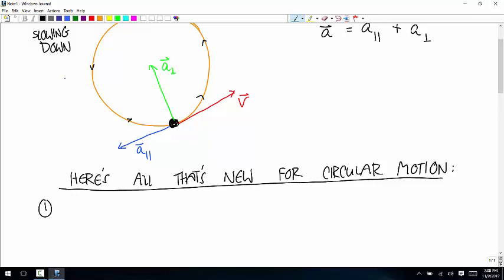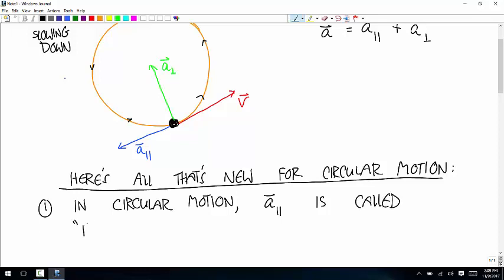First, in circular motion, a parallel is called the tangential acceleration.